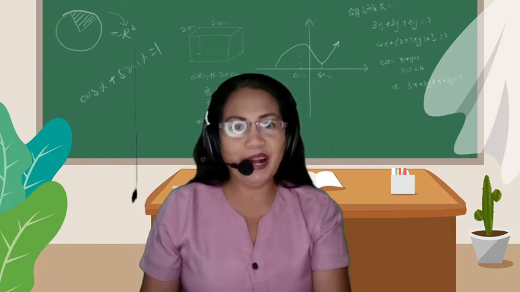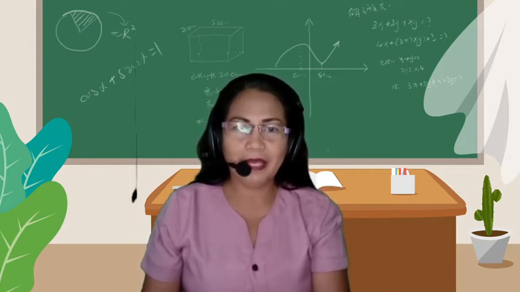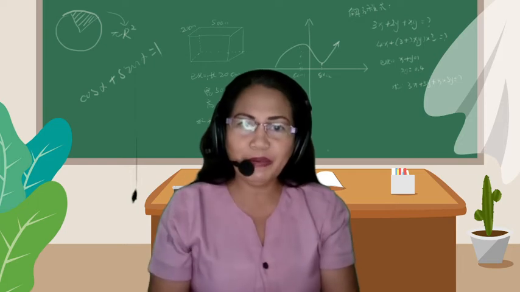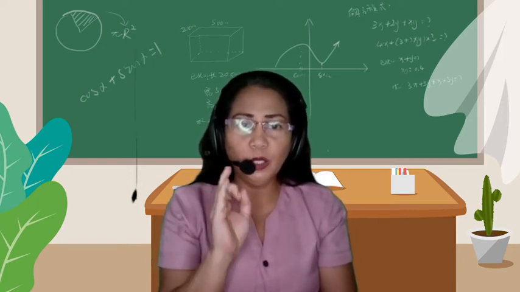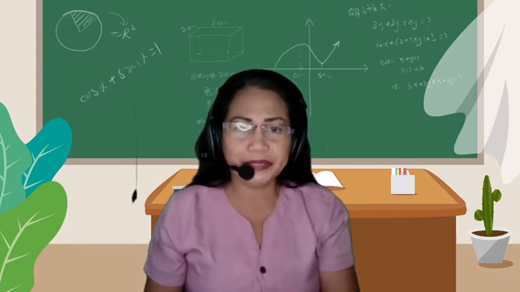And that's how to round off decimals. It's very easy. First, identify the number to be rounded. Second, inspect or look at the number to the right of the number to be rounded.